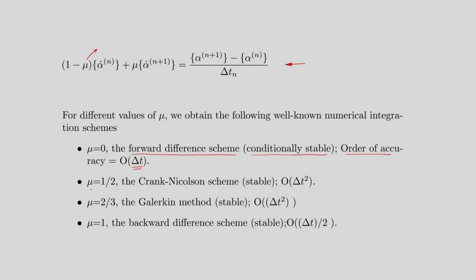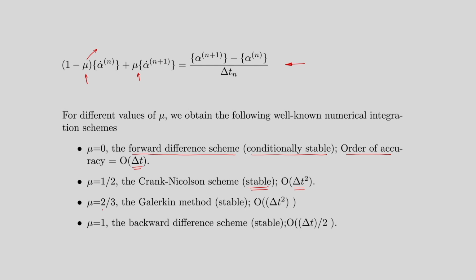Similarly, if I choose mu equal to half, we have both alpha dot at n and alpha dot at n plus 1. In this case the scheme is found to be stable and the accuracy is of the order of delta t square, which is pretty good.